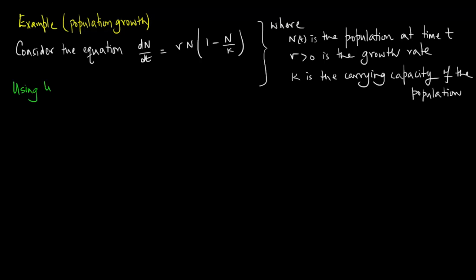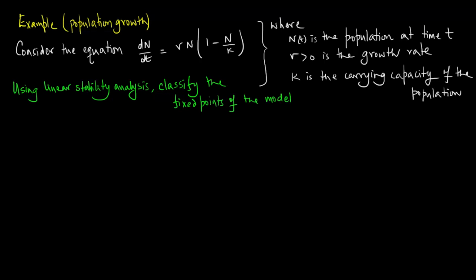Our objective is that using linear stability analysis, we wish to classify the fixed points of the model. And we also wish to find the characteristic time scale of this system.